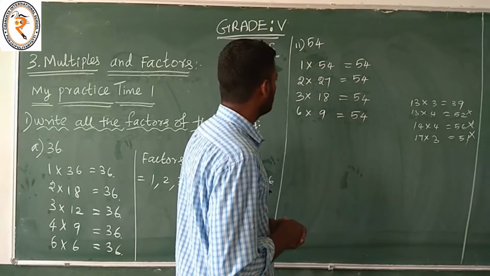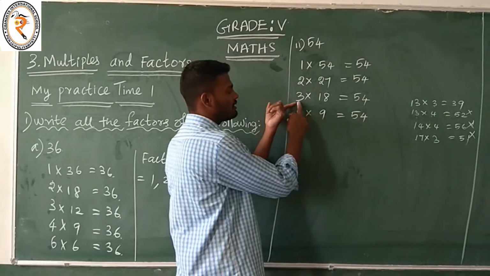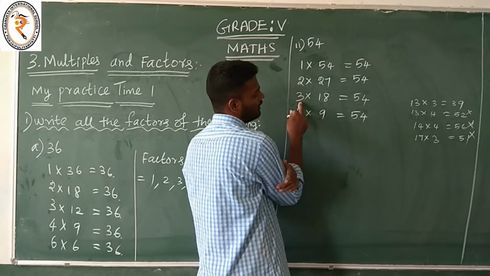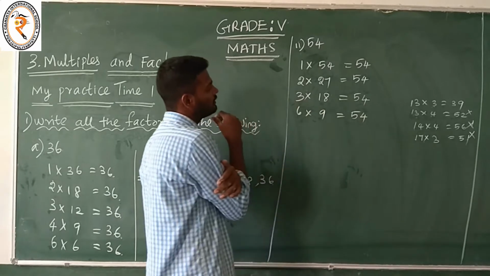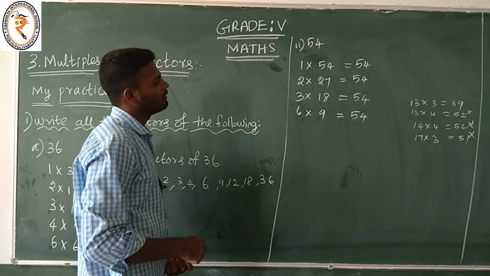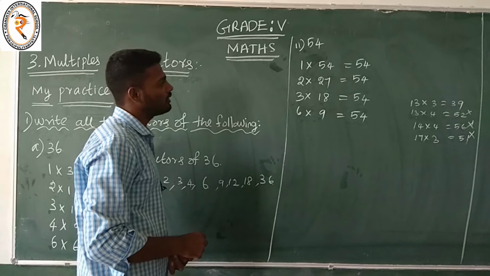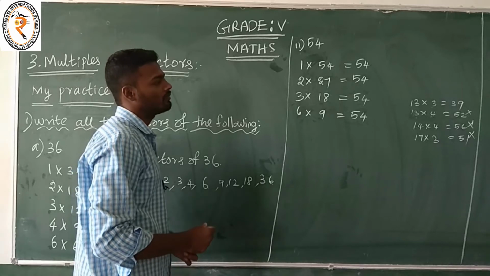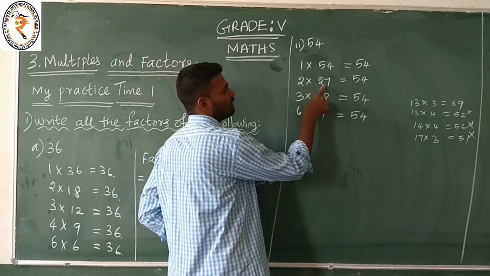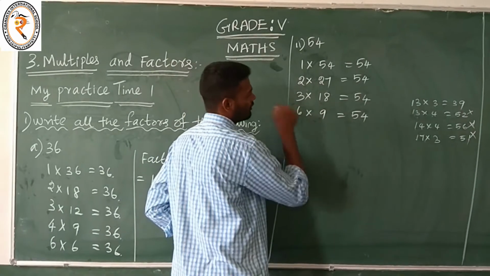Next, 18th table, 18 3s are 54. Next 19, 20, 21, 23, not in 54. Last, 27th table, 27 2s are 54.